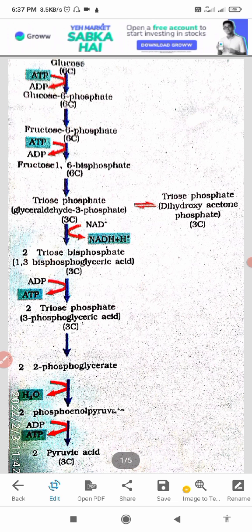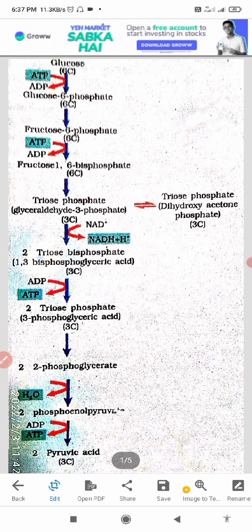This happens by a series of chemical reactions, and this series of chemical reactions is called glycolysis. First of all, on the glucose molecule, ATP will convert it into glucose 6-phosphate. How does it get converted?